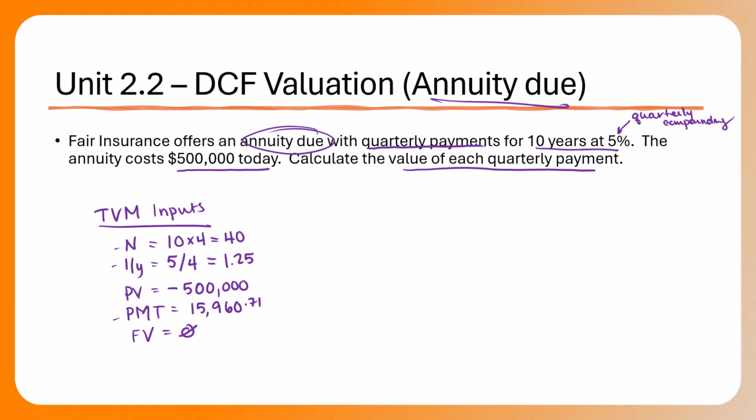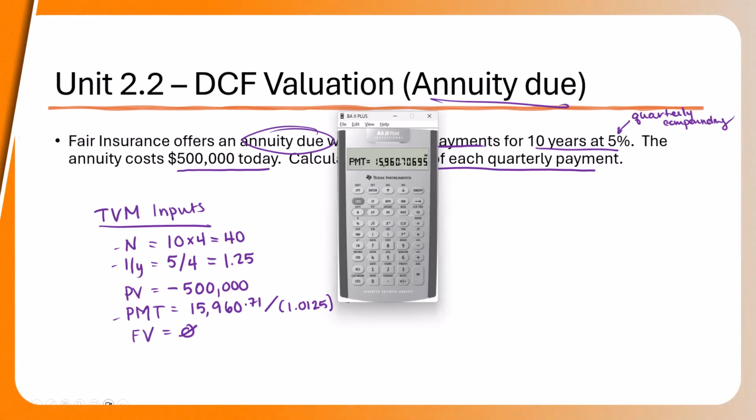be received today. So what we need to do to these payments is discount them all one quarterly period. That means we're going to take this answer and divide it by 1.0125. That's 1 plus the quarterly rate. And that will give us the annuity due payment, the payment that will be made starting today.